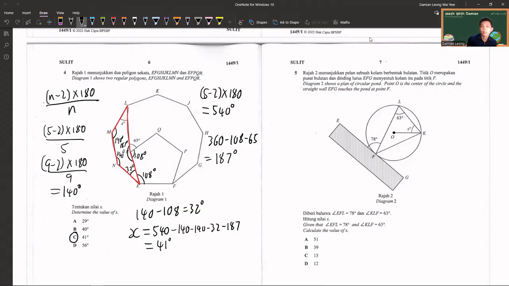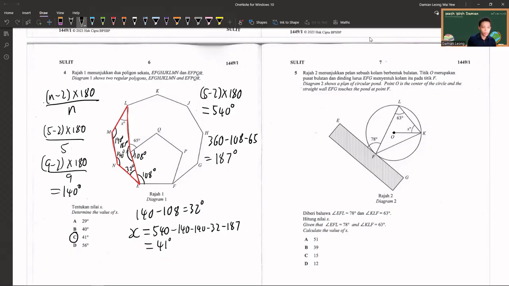Okay, this line only touches the circle at one point. So dia hanya sentuh bulatan ini pada satu titik. Maka garisan EFG merupakan tangent bagi bulatan ini. Okay, it's the tangent of this circle.